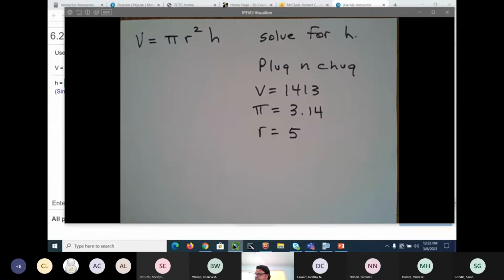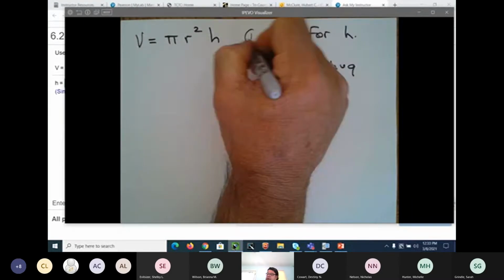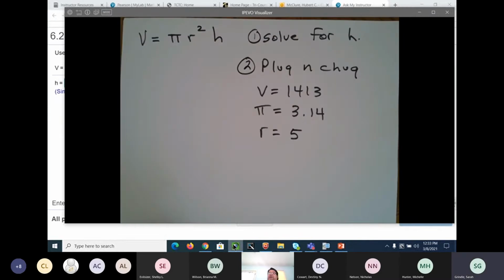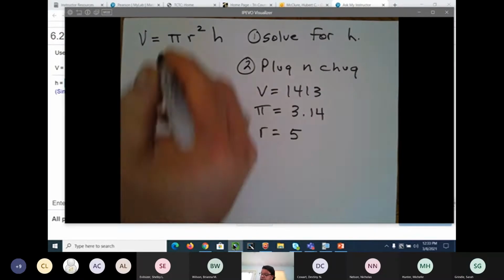Number 1, solve for H. And then number 2, plug and chug. So this is the second type problem that we went over. The first type is plug and chug. The second type is solve for a variable. So this is multiplication.